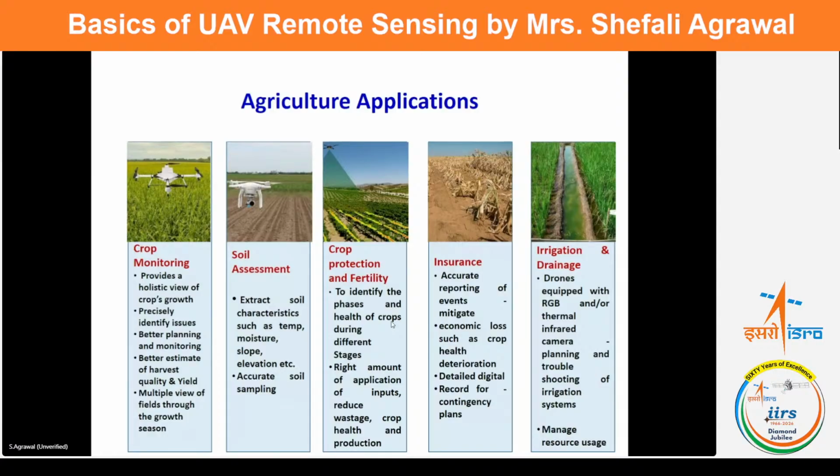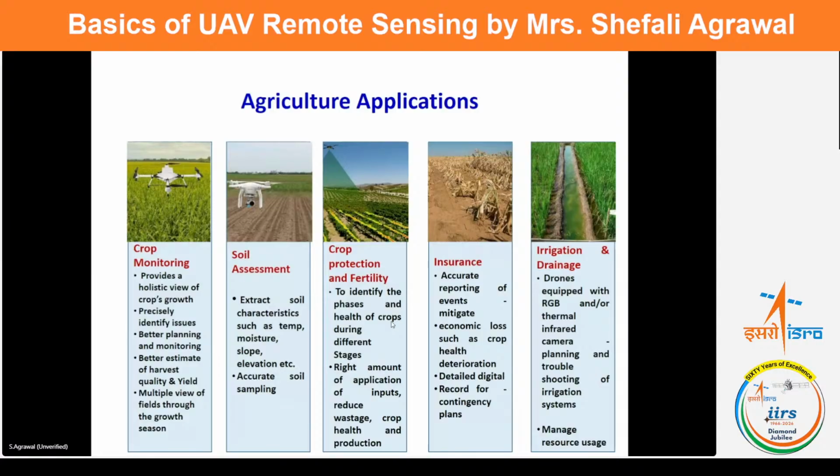Then drones fitted with spraying modules can apply pesticides, herbicides, and fertilizers in a targeted and more precise manner. They can also help identify the phases and health of crops during different stages, so the right amount can be sprayed.